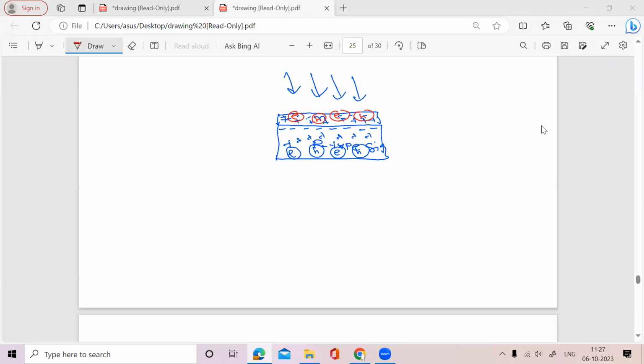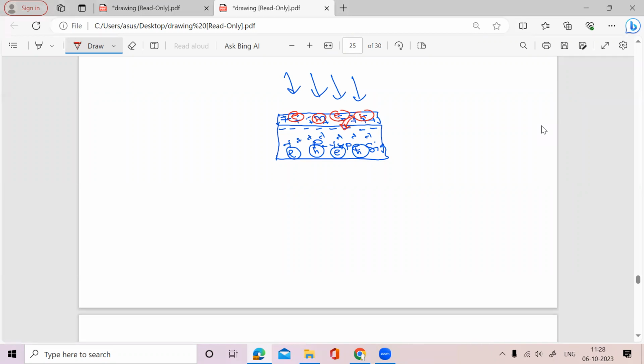Okay. So what will happen? The holes developed in the N side, due to the attraction of the electrons on the P side, will come to this side. The same thing will happen with the electrons in the N side, due to the attraction of positive charge.